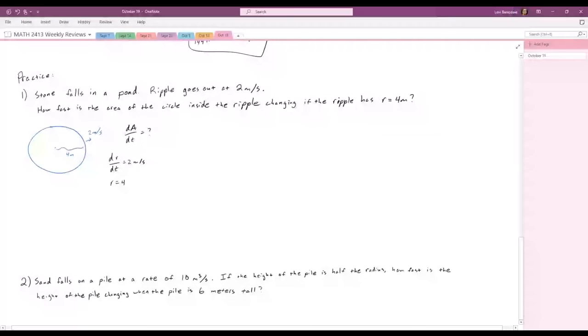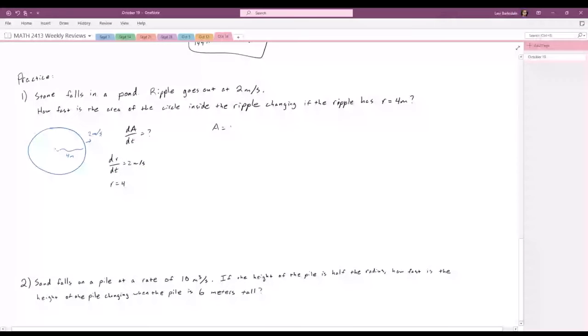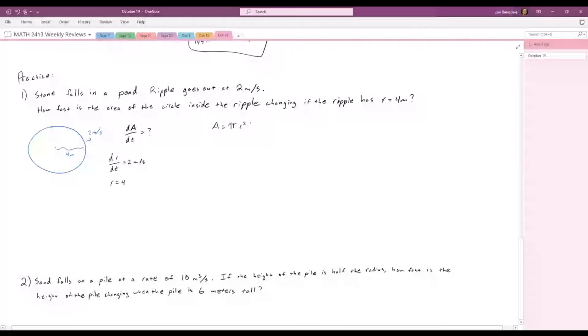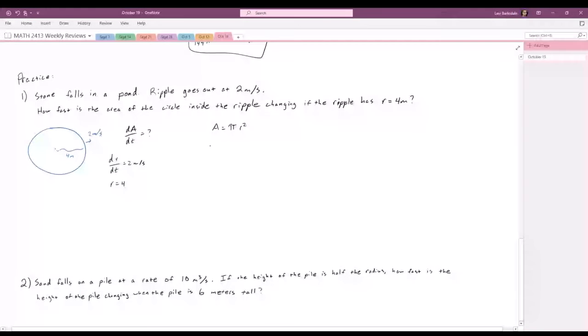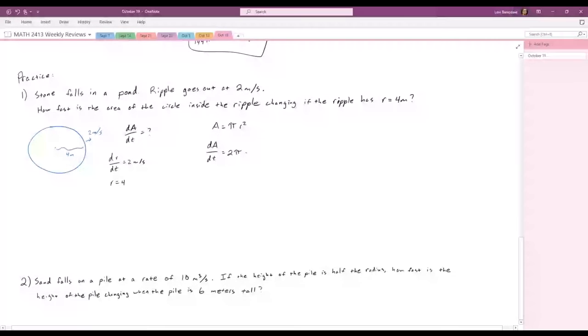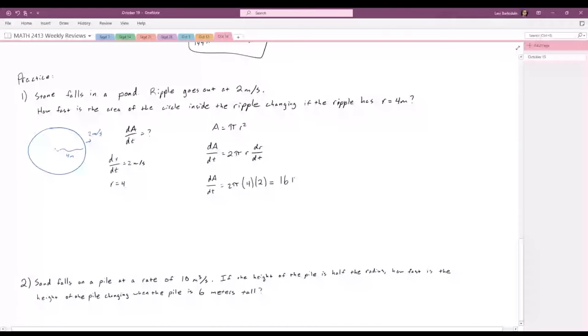Well, the area of a circle is pi times the radius squared, so we can get the derivative of area by taking the derivative of each side. The derivative of pi r squared is 2 pi times r times dr over dt, and then we can just plug things in. And that is, of course, 16 pi, and that should be meters squared per second.